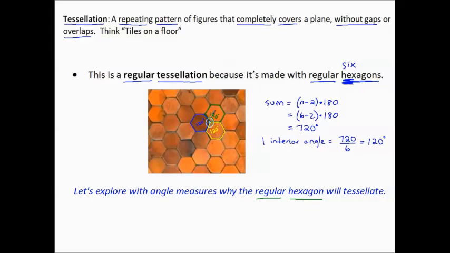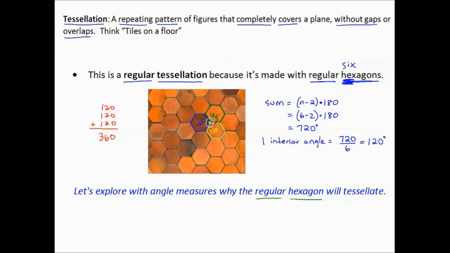That's making a circle centered at that point where all these 3 hexagons are adjacent to each other, where they touch. Well, what is 120, 120, 120 all put together? If we add those adjacent angles, it makes 360. Why? Because to go all the way around a circle is 360 degrees.